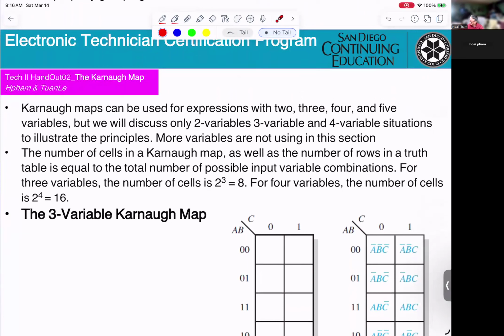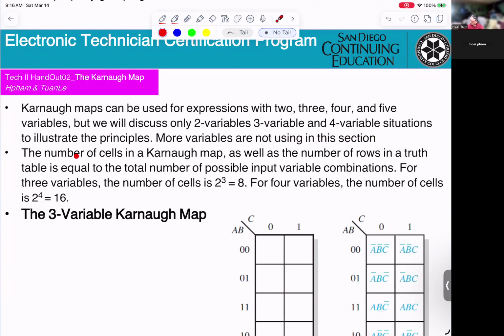K-map can be used for expressions with 2, 3, 4, and 5 variables, but we will discuss only 2, 3, and 4 variables. To illustrate the principle, more variables are not used in this section.